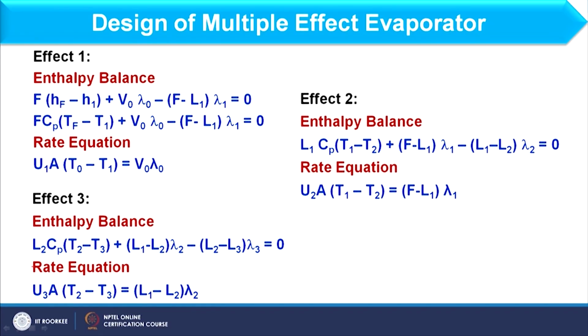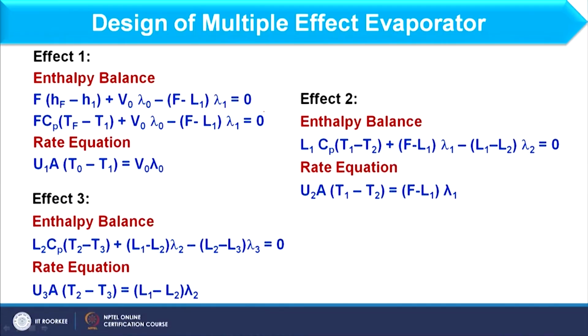But if you see, these equations are basically non-linear in nature. Methods like Gaussian elimination and Gauss-Jordan are applicable to solve n linear equations, but here we have non-linear equations. So, first let us see how the non-linearity occurs in these equations.